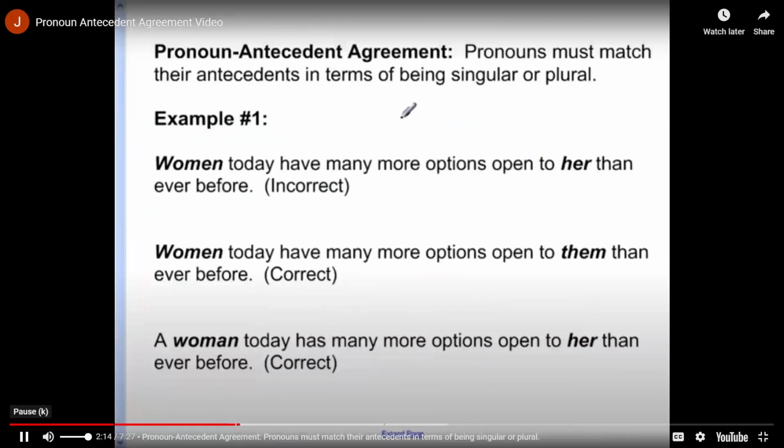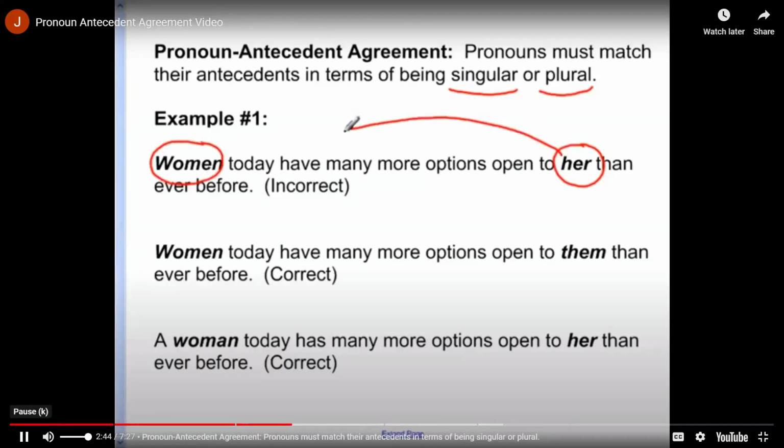Let's look now at pronoun antecedent agreement. Pronouns must match their antecedents in terms of being either singular or plural. Let's look at an example that's incorrect. Women today have many more options open to her than ever before. Her is a pronoun, and the antecedent of the pronoun her in this sentence is women.